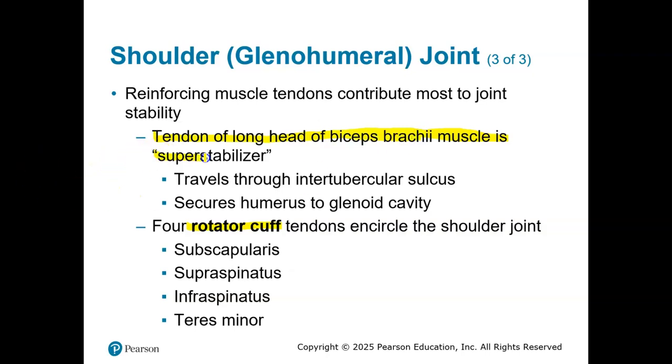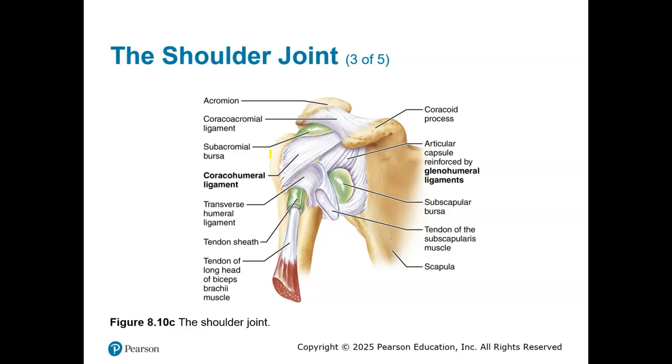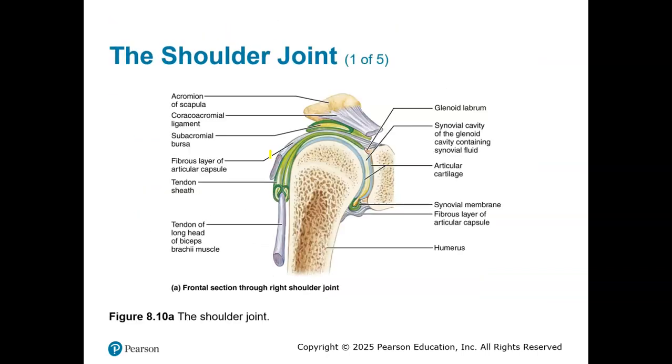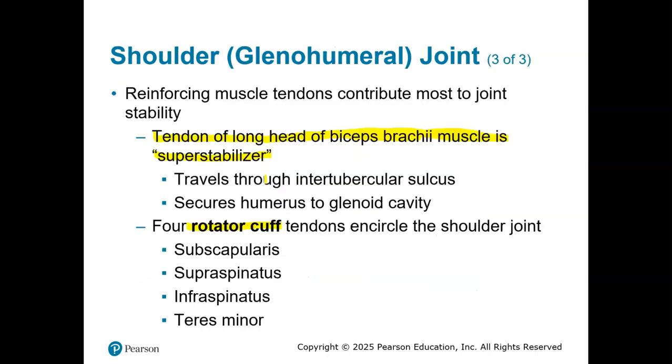So it also helps to stabilize the shoulder joint as well as the rotator cuff muscles. So that tendon, I'll show you. So this is the tendon, and it will attach to the biceps brachii, the long head of the biceps brachii. And that tendon greatly helps to stabilize the shoulder joint. And then also the rotator cuff muscles.